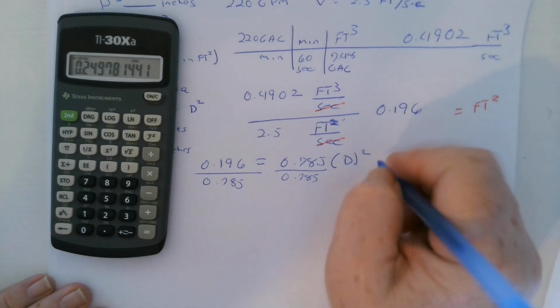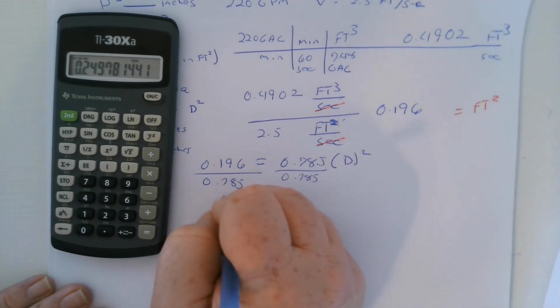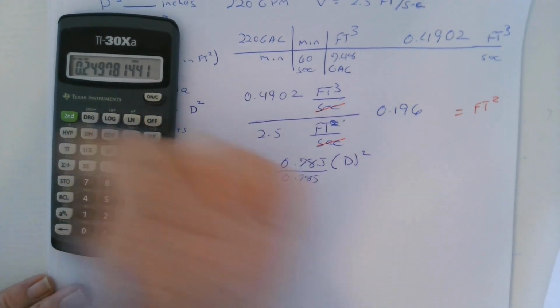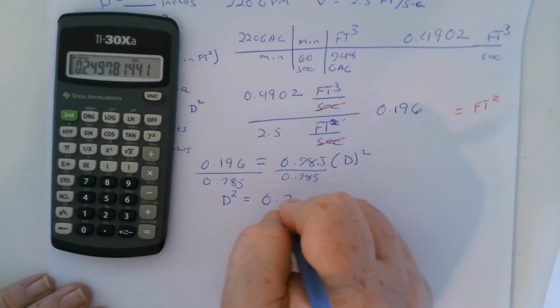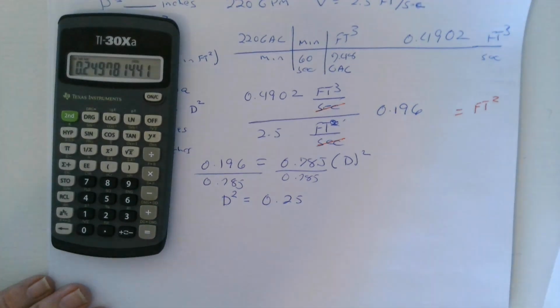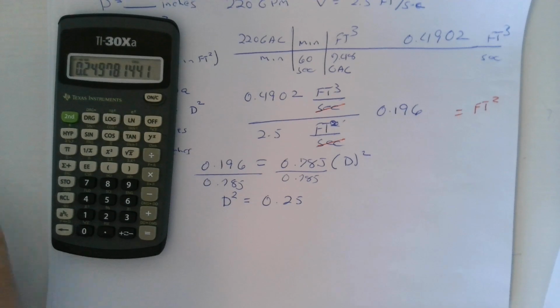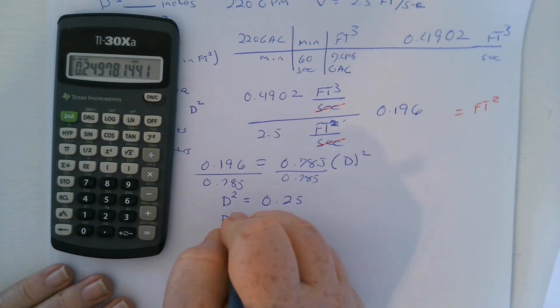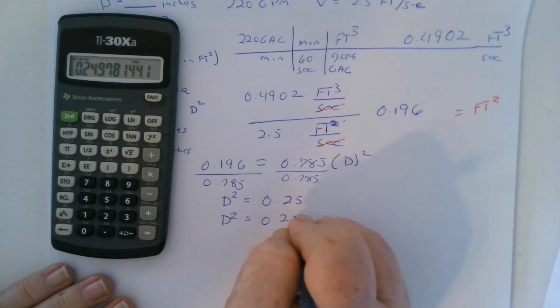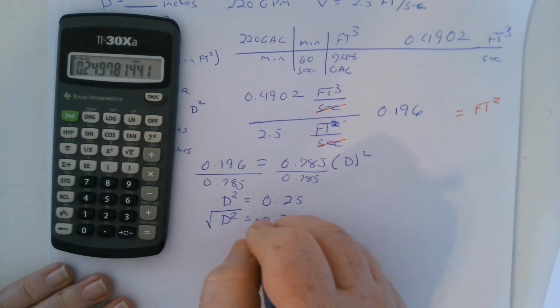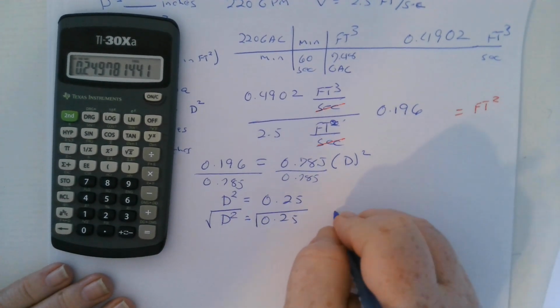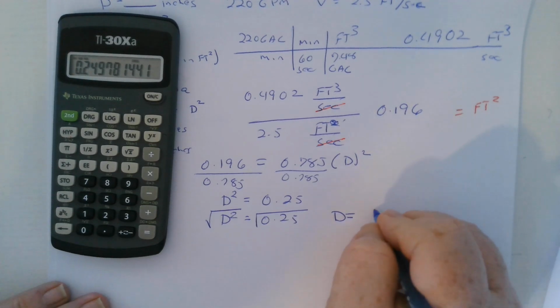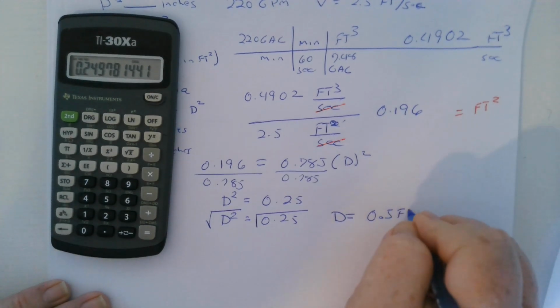And so this yields d squared is going to equal, let's round this off, 0.25. Okay, so d squared equals 0.25. Let's take the square root of both sides. And so this says d is equal to 0.5 feet.